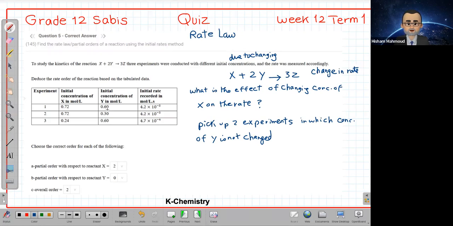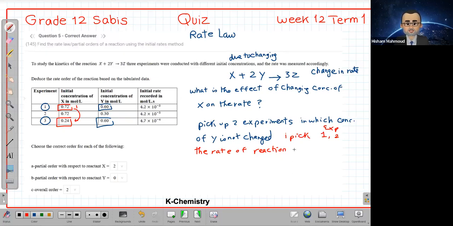So I will pick 1 and 2, because in 1 and 2, as you see, the concentration of Y has not changed, it's fixed. Only the concentration of X has changed, from 0.72 to 0.24. So in experiments 1 and 2, the rate of reaction will change depending only on the change in X, not in Y. So I can put Y aside so it doesn't confuse me.